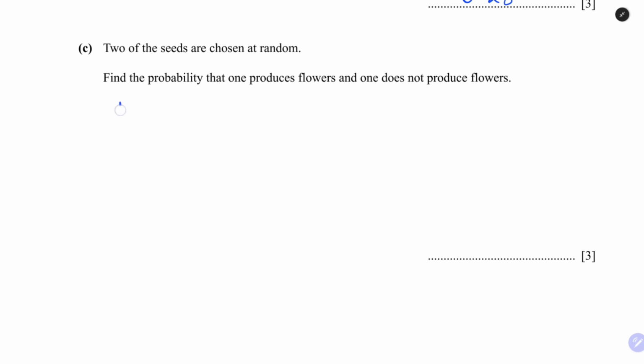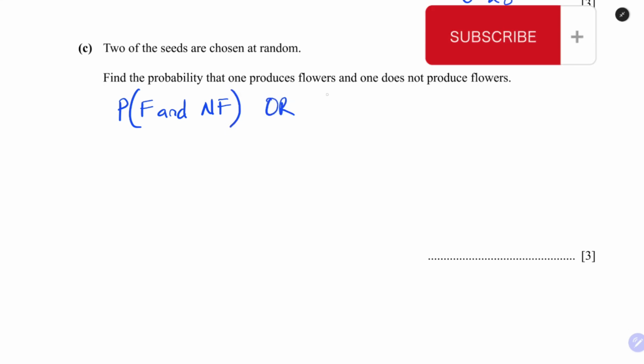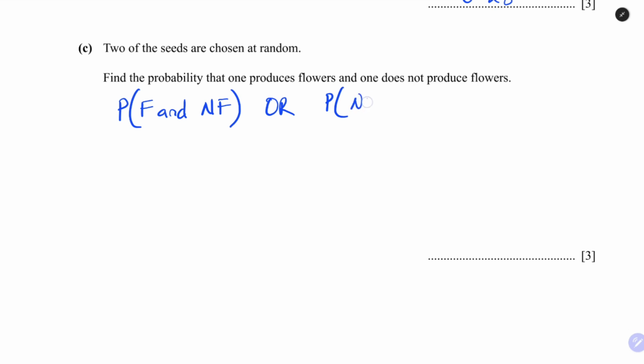The scenarios that could occur is that first you pick one that flowers and then the one that does not flower, or you first pick the one that does not flower and then the one that flowers. Now it seems like it's the same thing, but the order is actually important here because you're picking 2 seeds.